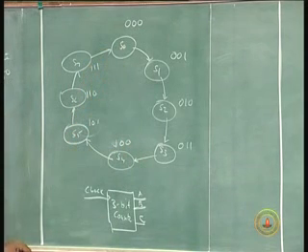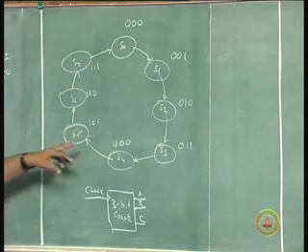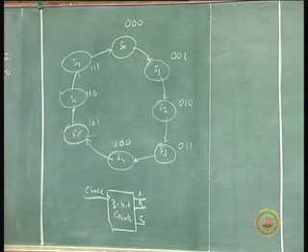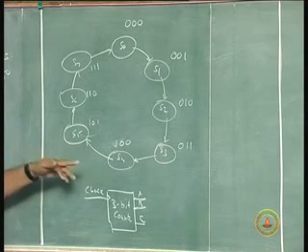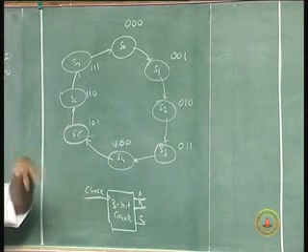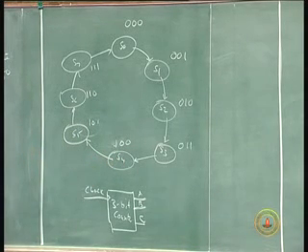Back to 0, 0, 0. These are only state values, not outputs. Of course, you can treat them as outputs if you want to, but it's a state. If there is an external input, it is generally written inside the circle. It's a convention.